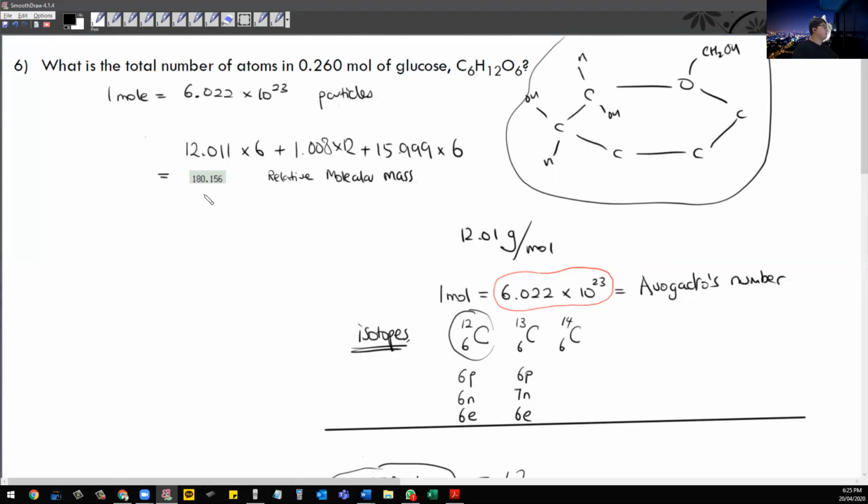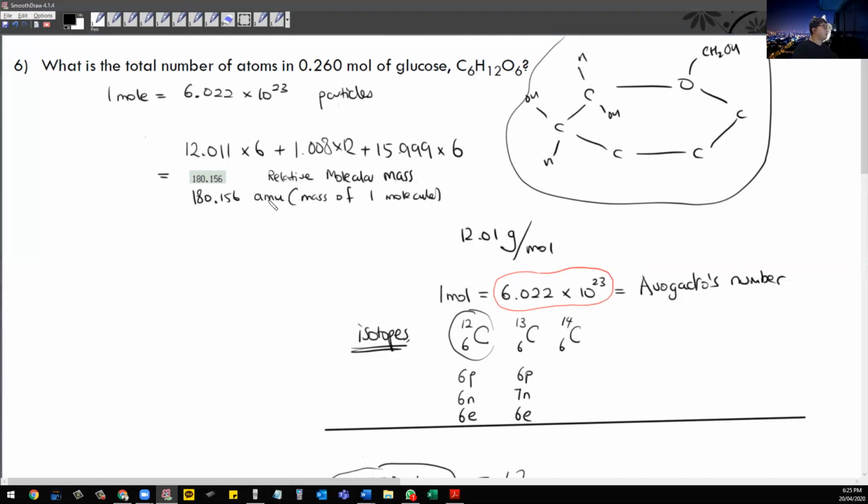Or if you have 180.156 AMU, that's exactly the mass of one molecule.